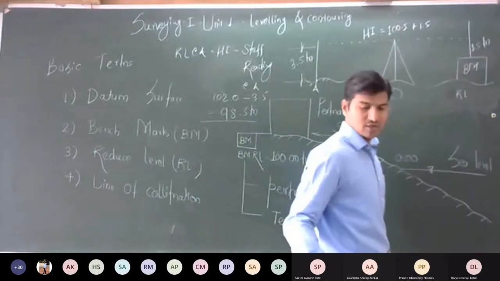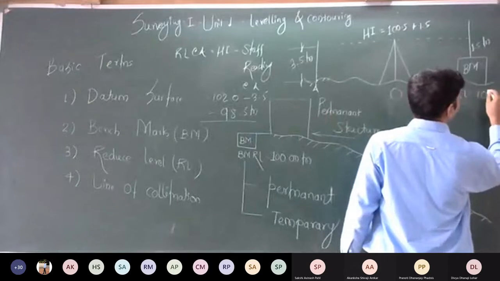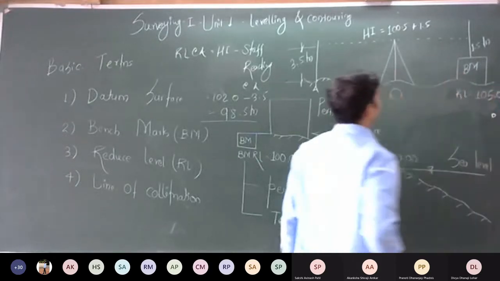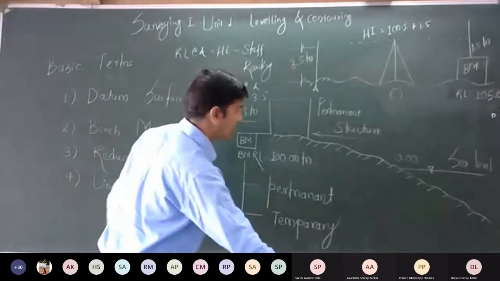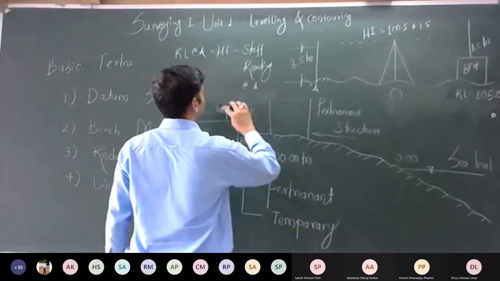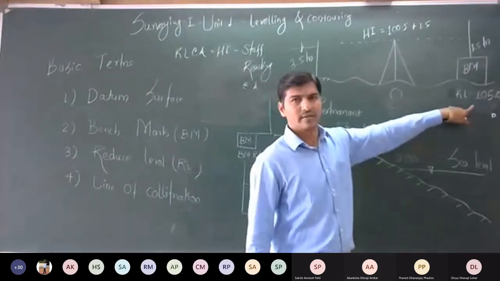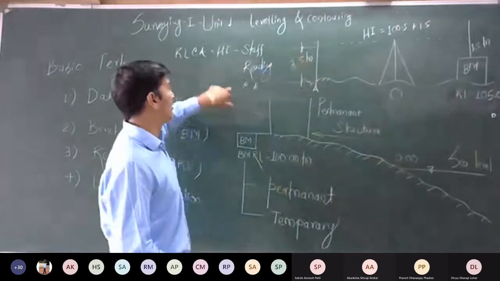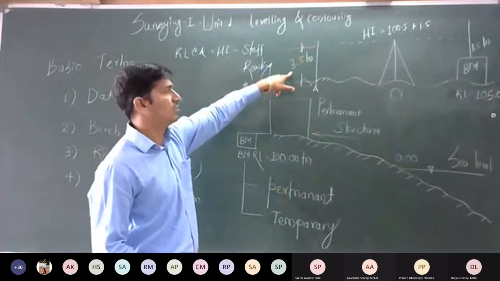I will just change the RL from 100 to 105. What will be the RL of point A? Second year, within 2 minutes. If I change the RL, the new RL is 105. Calculate HI, tell me the staff reading, tell me the RL.